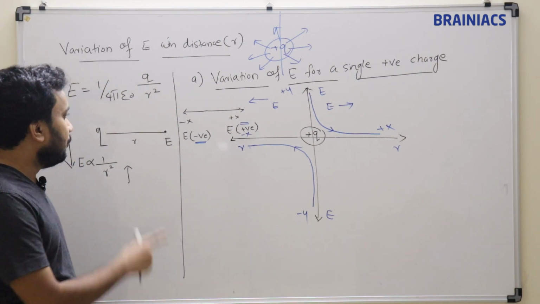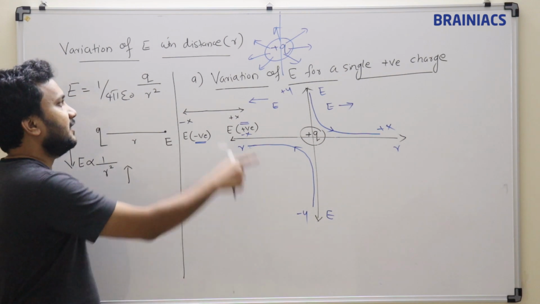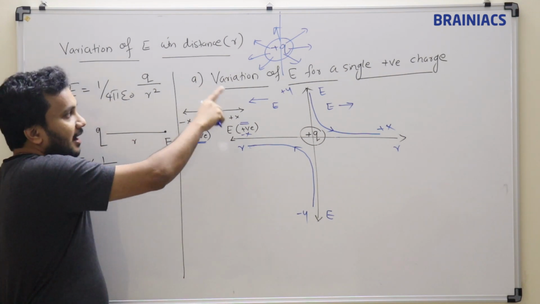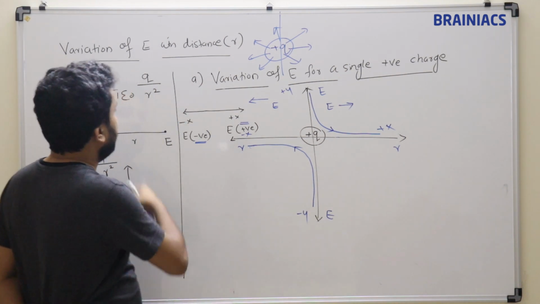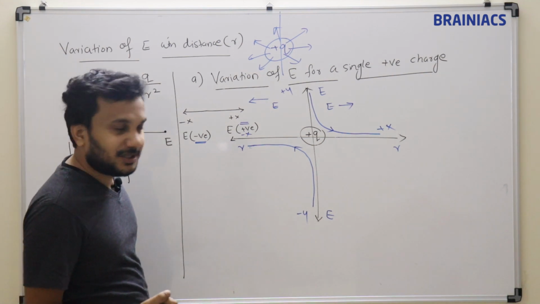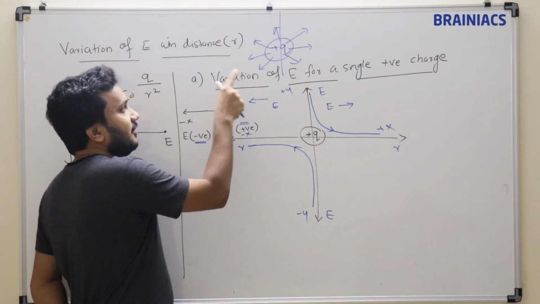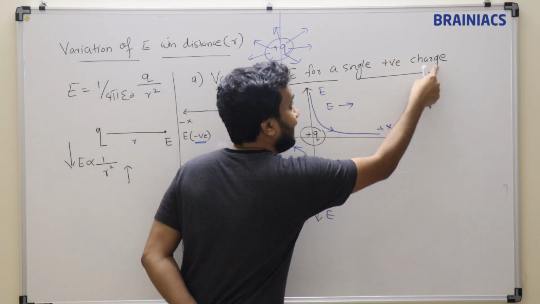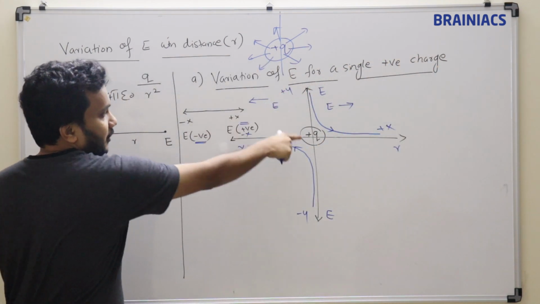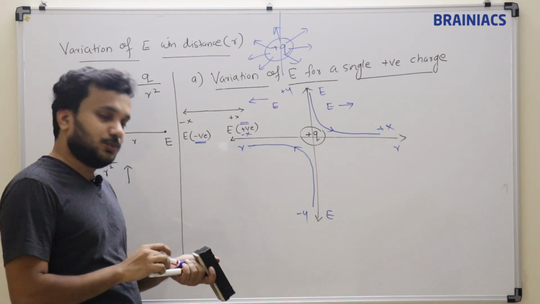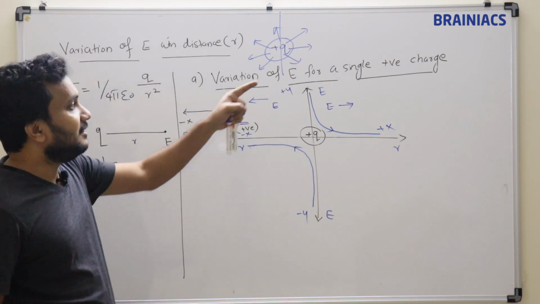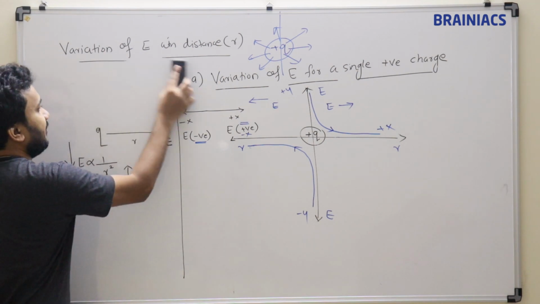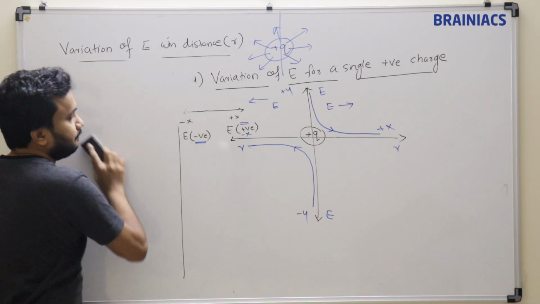Okay, so we'll move to the next subheading. I am writing the subheading, and you can also try yourself. The next subheading is variation of electric field for a single negative charge. Now we have seen the positive charge graph looks like this. Now for a single negative charge, I am taking the side of the board.